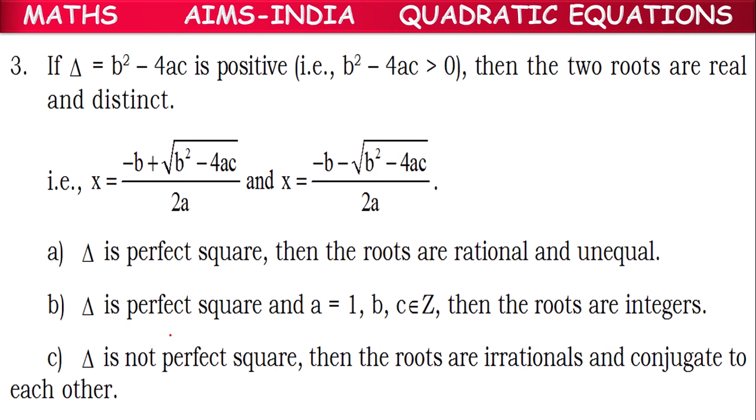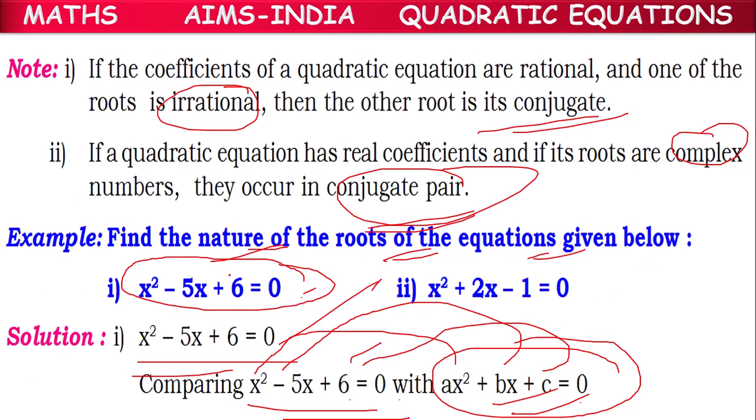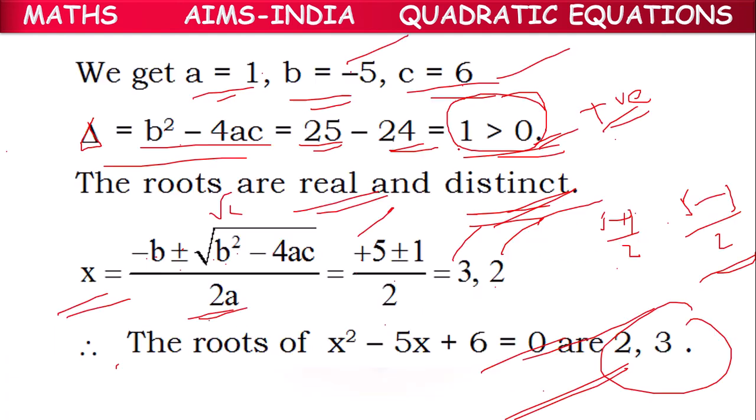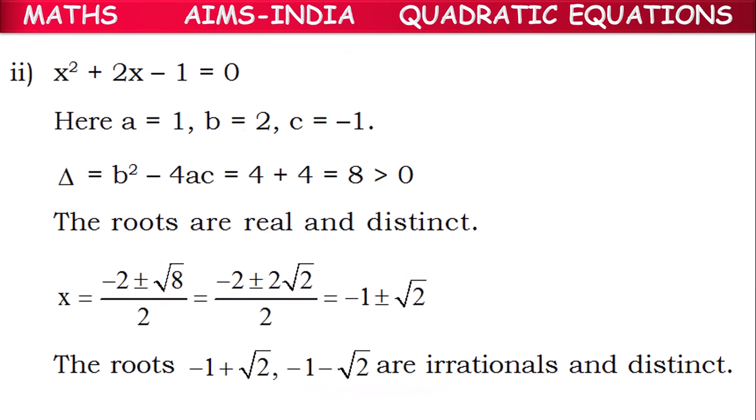If it is a perfect square and denominator a value is 1, roots are integers. If delta is not a perfect square, roots are irrational and form a conjugate pair. Means when the roots are imaginary or irrational, they will form a conjugate pair. And some example problems we have solved.